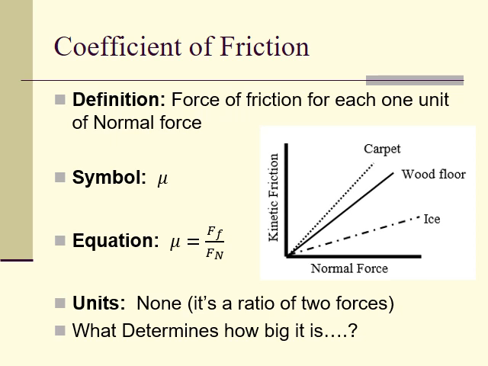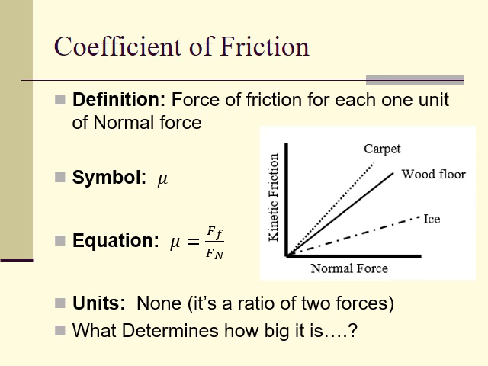We can see that the slope, which is the coefficient of friction, is dependent upon what type of surface there is. So it looks like the slicker the surface, or the smaller the amount of friction, the smaller the coefficient of friction.